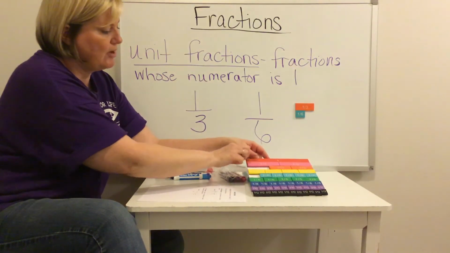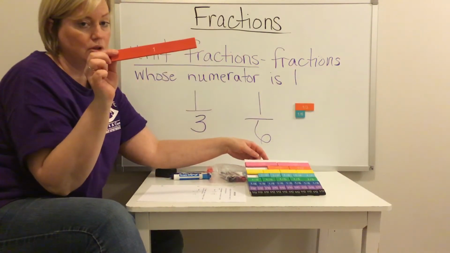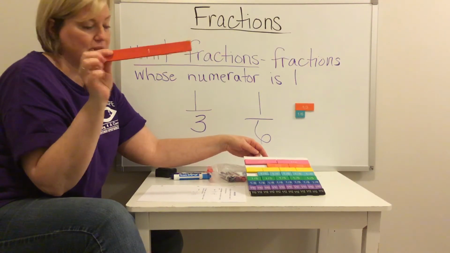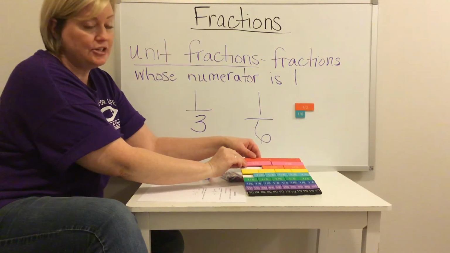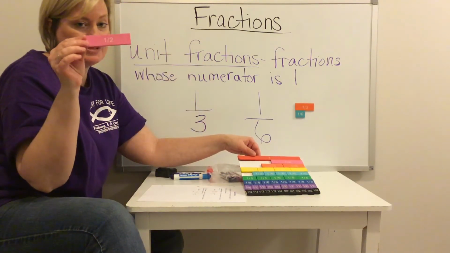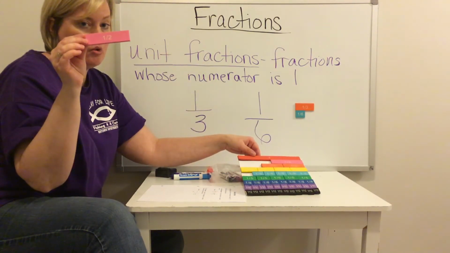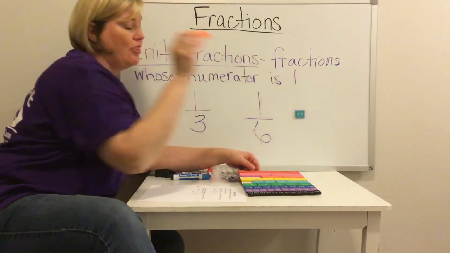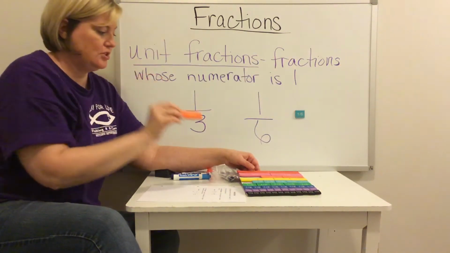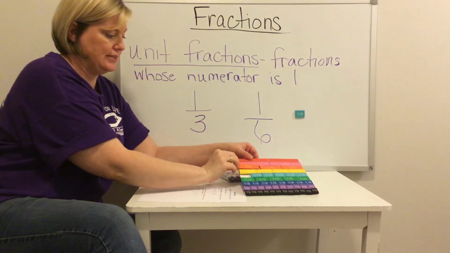For example, this red one is just the whole line. It's not broken into any pieces, it's just one whole. Then your pink is divided into 2 equal pieces, so each of these is 1/2 of that whole red line. All right? The orange is 1/3. It's divided into 3 equal pieces.